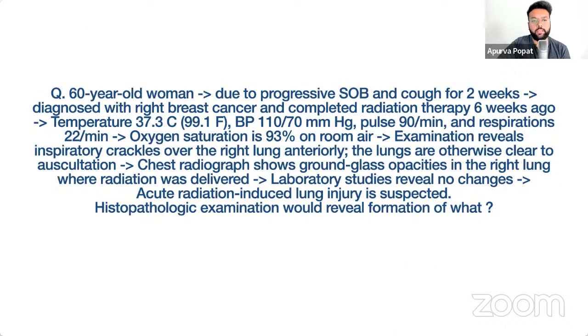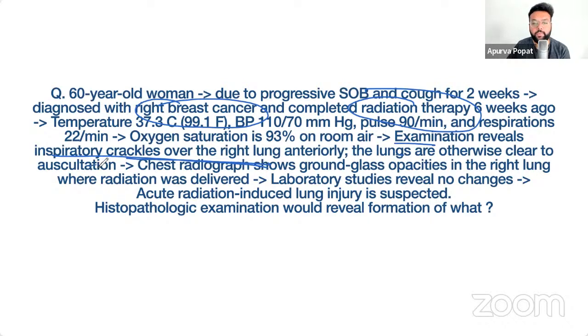A 60-year-old woman is having progressive shortness of breath and cough for 2 weeks. She had breast cancer. Examination showed inspiratory crackles over the right lung anteriorly. Listen to this very, very carefully. She had breast cancer and she underwent radiation after that, and after that there are still some crackles on the right lung anteriorly.